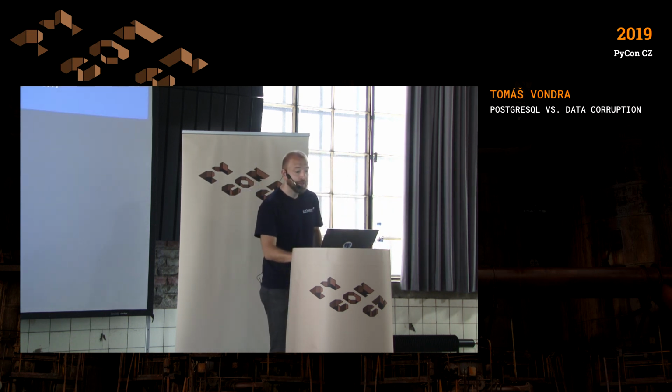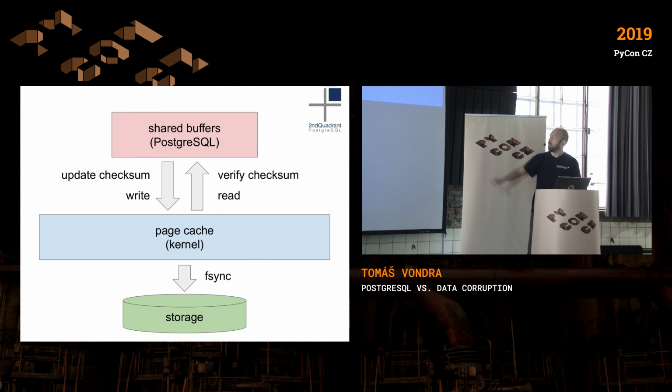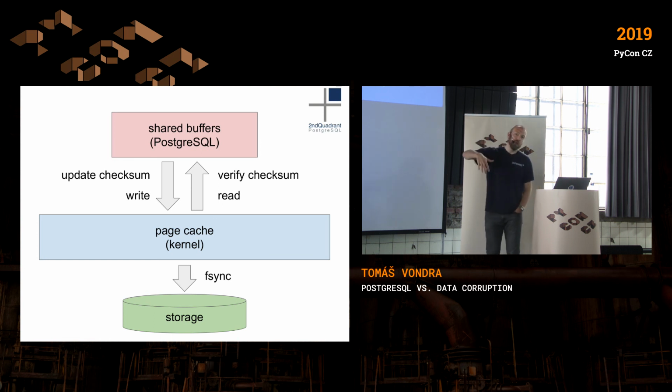Right, so let me skip here. So checksums, what are checksums? When Postgres writes data from the shared buffers into the operating system, checksums are a small checksum of the 8 kilobyte page, right? So we know whether the page was damaged or corrupted outside Postgres, like by the operating system or something.